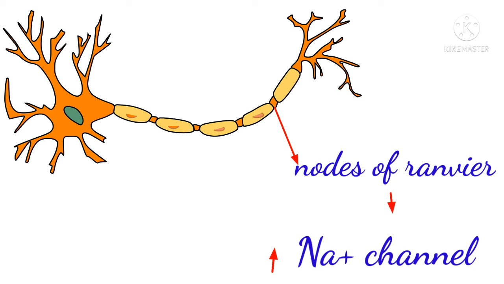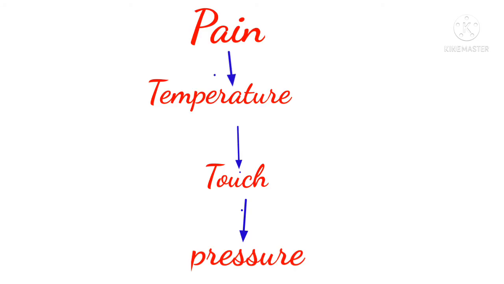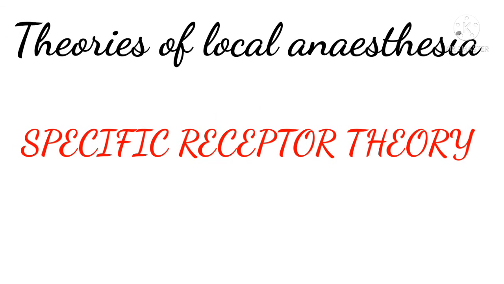What happens when the LA blocks all the sodium gated voltage channels? There will be no impulses transferred to the CNS, and hence there will be no pain. The sequence of loss of sensation occurs here. First the pain sensation diminishes, then temperature, then touch, then pressure. This is the specific receptor theory, and it is the most accepted theory.